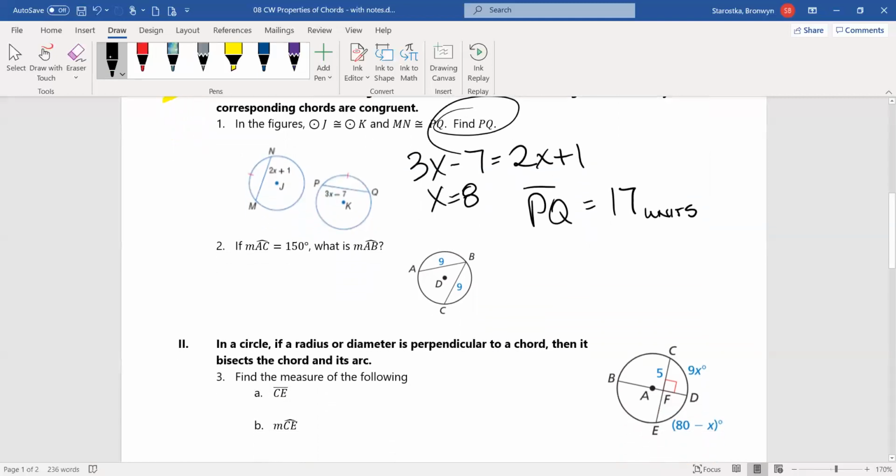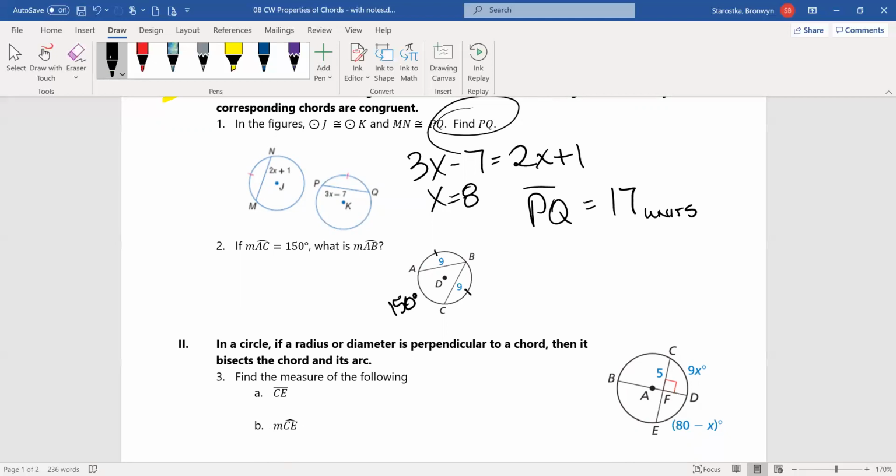And if arc AC right here is 150 degrees, and we know that AB and CB are both the same length, then we know these arcs are the same length.